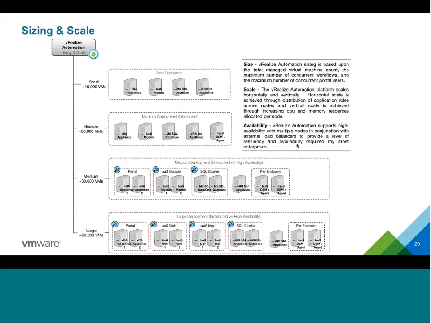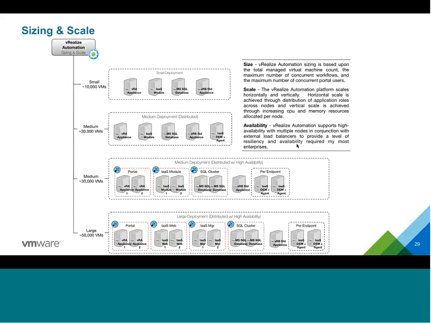So for the IaaS web, model manager, and repository, there are 2 machines. For the manager service, there are 2 machines. And for the DEM worker plus agent, there are 2 machines. On a single machine, I will put a DEM worker plus proxy agent, and another machine again with a DEM worker plus proxy agent. That will be my fully distributed deployment with high availability for each and every component.